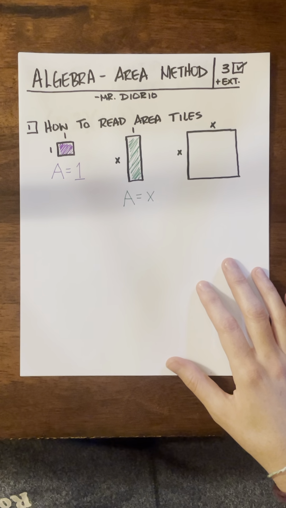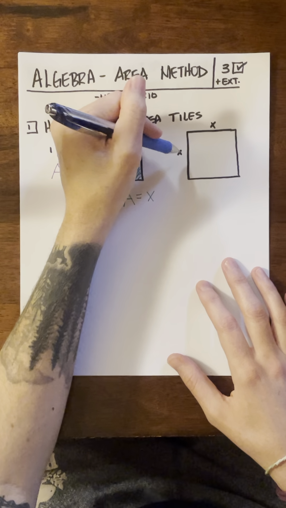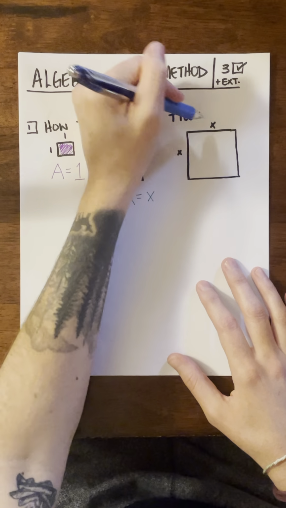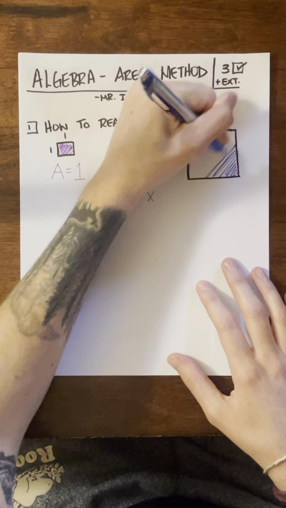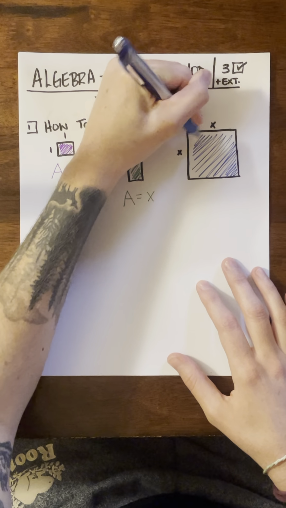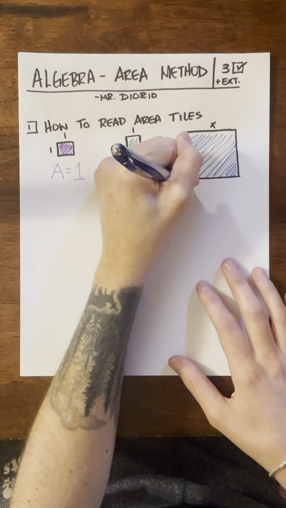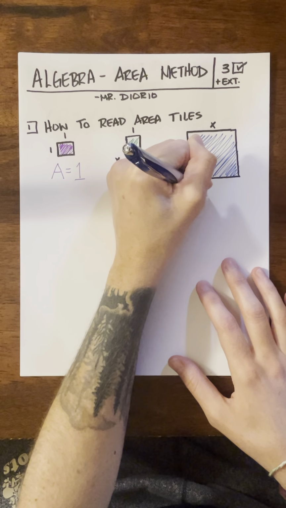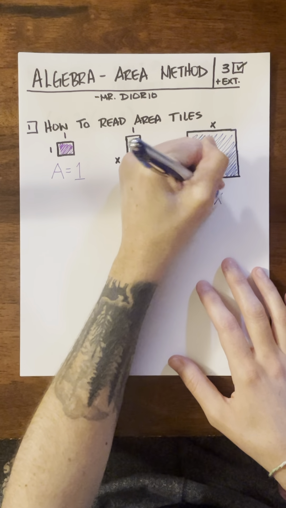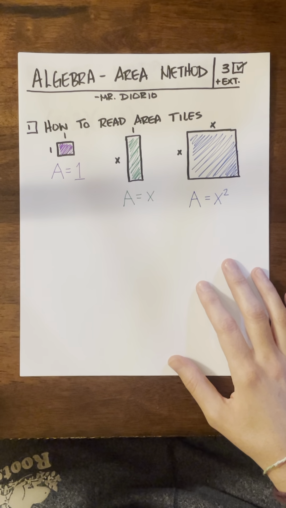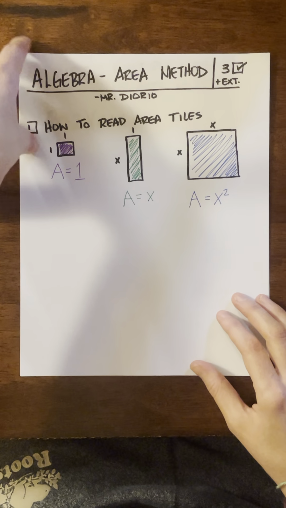Our last algebra tile is this big one over here, and it is x by x. Remember, to get the area, the entire inside, we multiply x times x, which is x squared, so the area of our blue box is x squared. We're going to try to remember these as we move on to our next problems to help us.